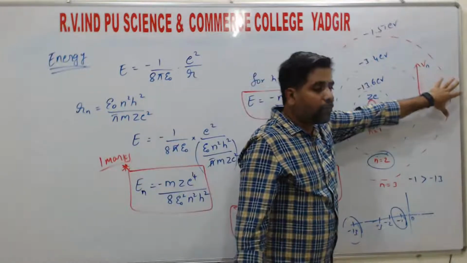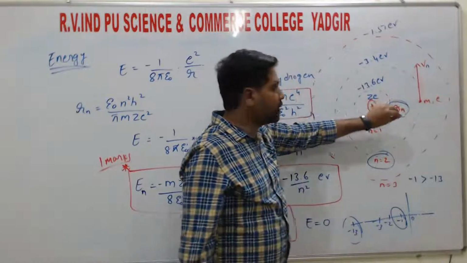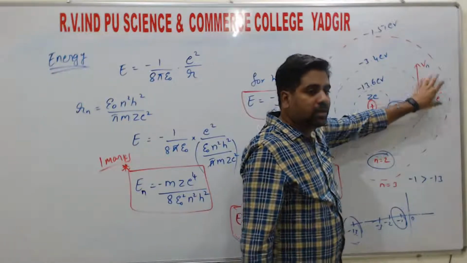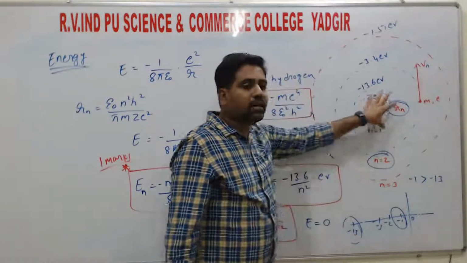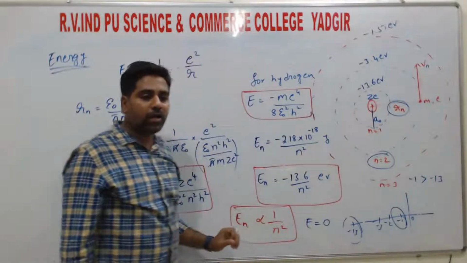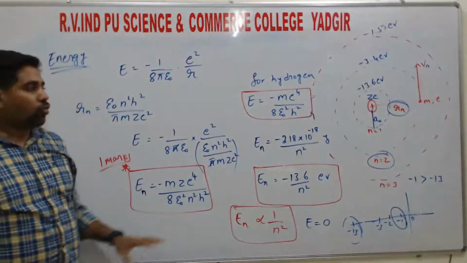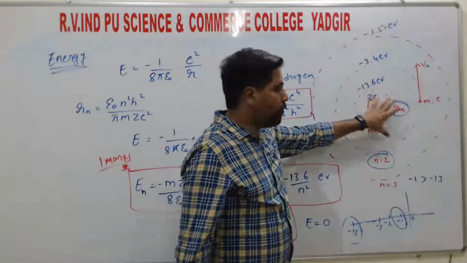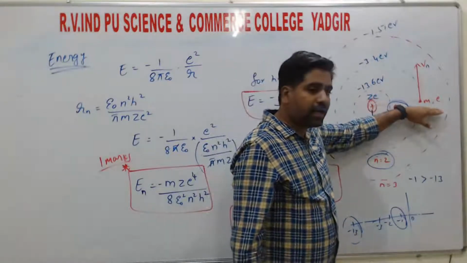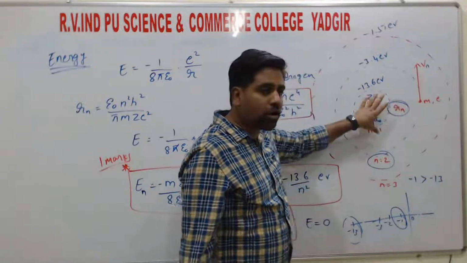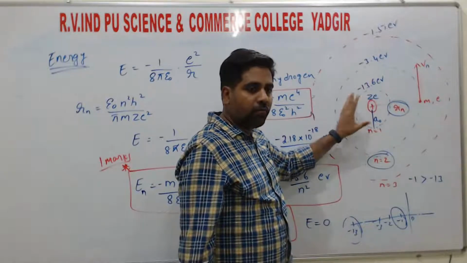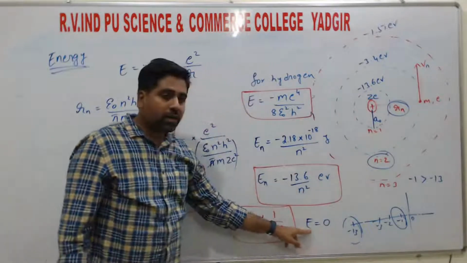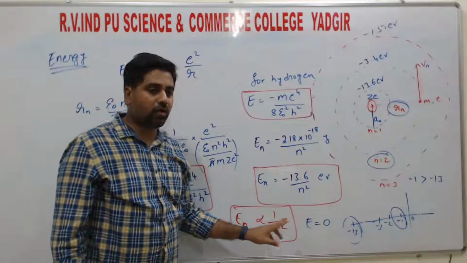It is separated from the nucleus and is away from it. Then the atom gets ionized, so only the positive charge remains in the atom, without any electron. The atom gets ionized once it crosses the value 0.